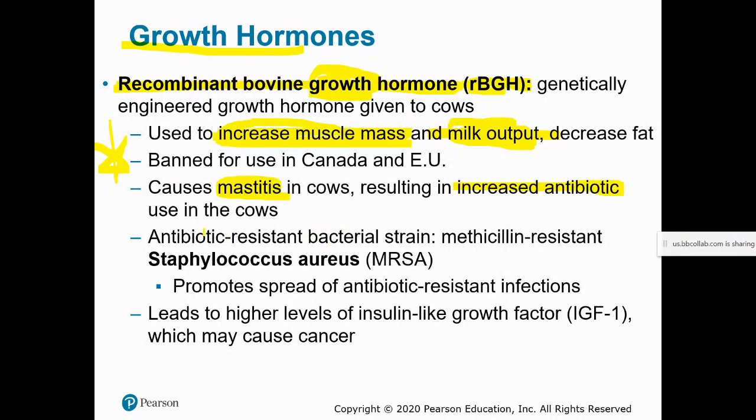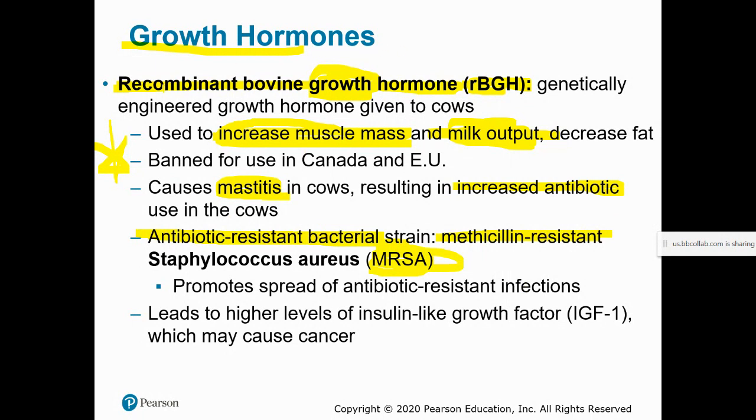And an even further subsequent issue that arises is the rise of antibiotic resistant strains of bacteria. So you might be familiar with methicillin resistant bacteria, specifically methicillin resistant Staphylococcus aureus, which is commonly called MRSA.